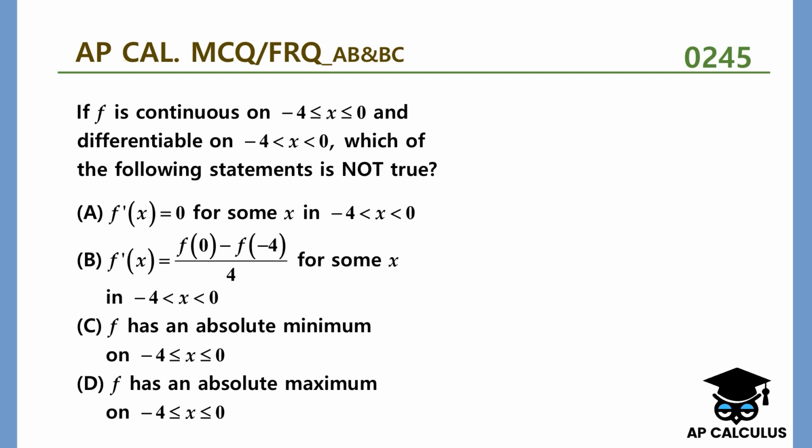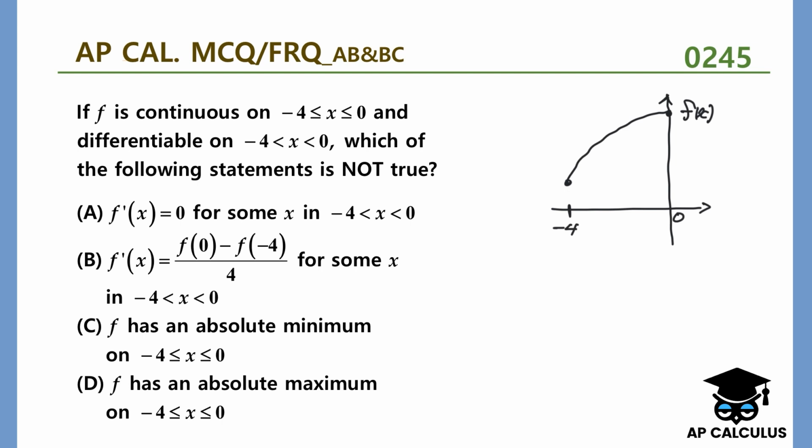Okay, let's look at this function. Let's say we have f of x. Looks like here's -4, here's a 0. So let's say it starts from here, it goes to here. Let's say we have this function, and this is f of x.